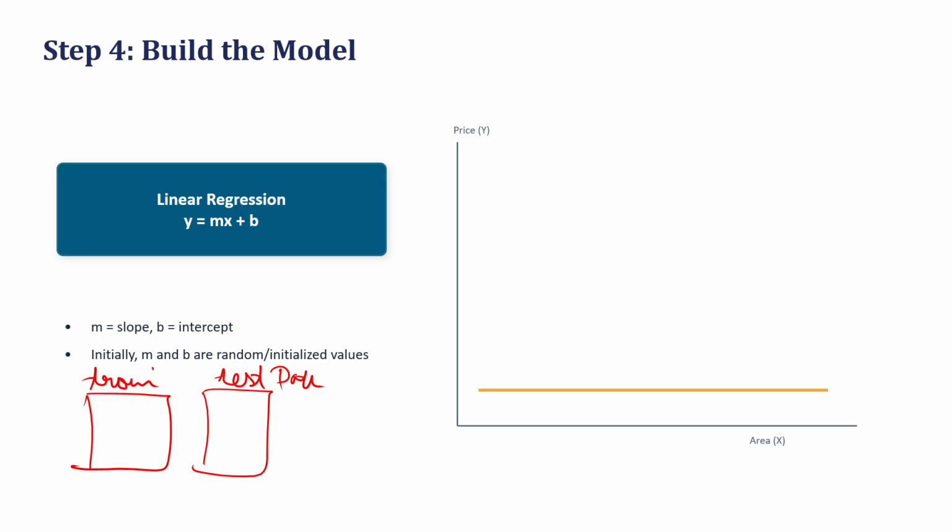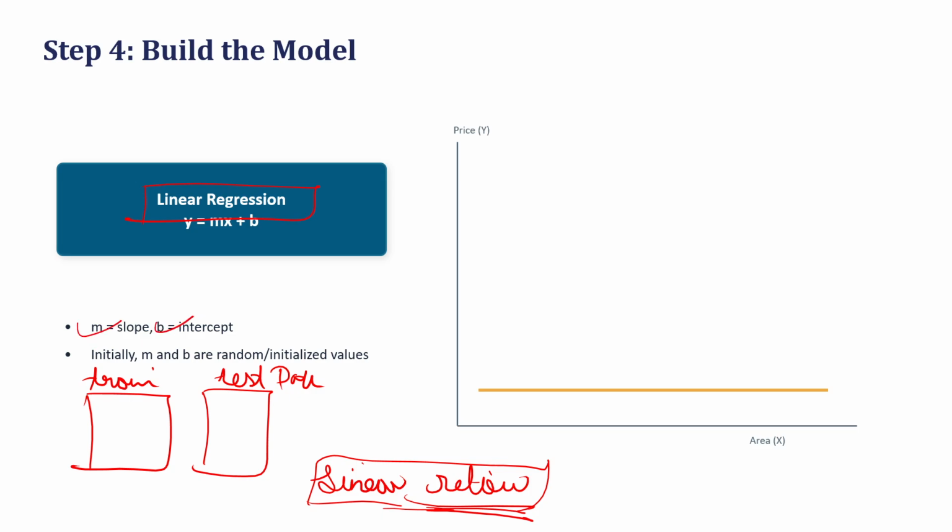So you have one input and one output. Now you assume that this data can fit into a linear relation. So you build the model on linear regression, since you know that this data may fit into linear regression, as per your best knowledge. So you have two variables, one is m and one is b, the intercept.